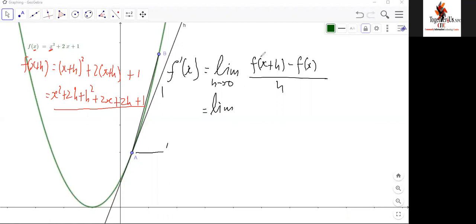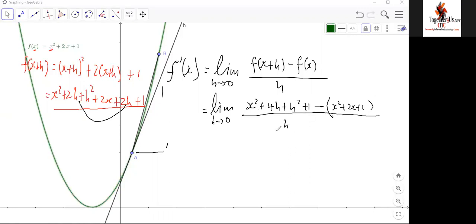So now let's come back here and substitute. I know that my f of x plus h is as follows. I'm going to group the like terms here. So it's going to be x squared plus 4h plus h squared, plus 1 minus, what am I subtracting? Now it's important to put brackets, x squared plus 2x plus 1. This is all over h, right?